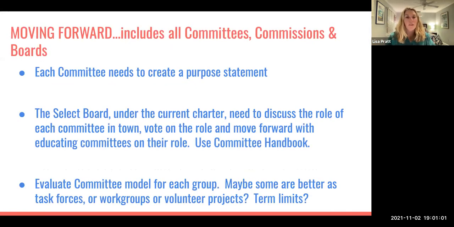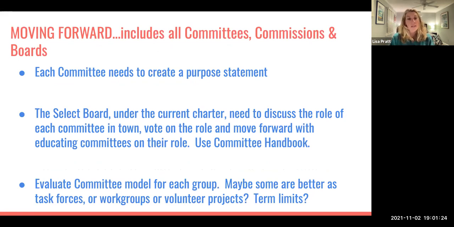When we move forward, we need to consider all committees, commissions, and boards. But obviously, as I said at the beginning, there's nothing that we can do about a certain number of them. Moving forward, just like I was discussing about effective committees, each committee needs to create a purpose statement.